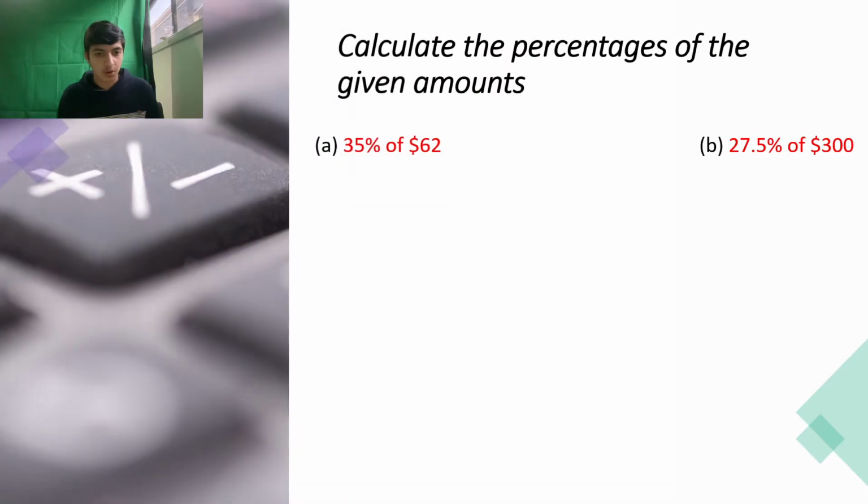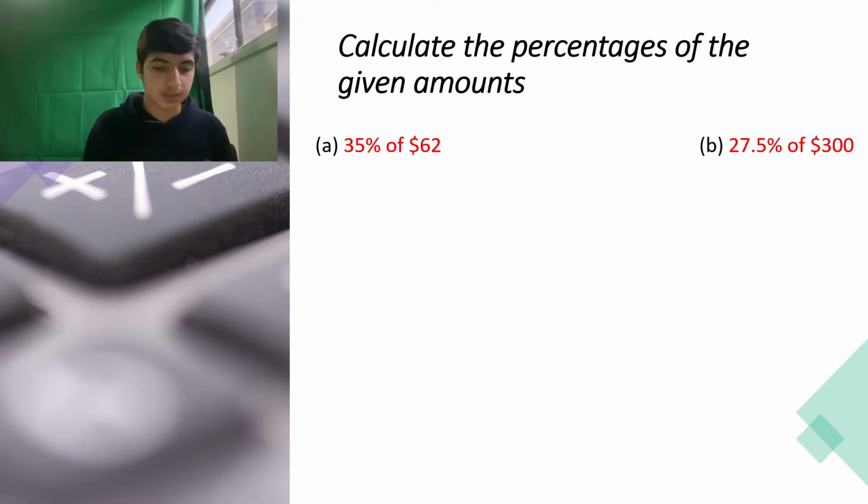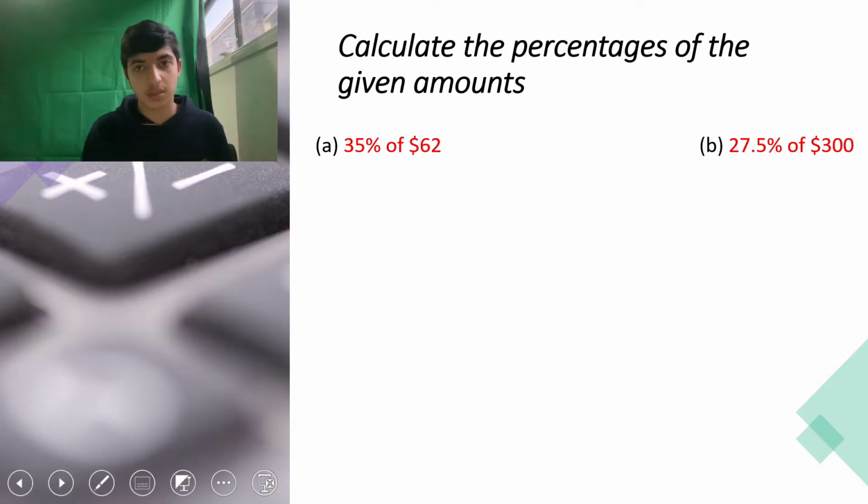I've been doing two worked examples. I put it in. So calculate the percentages of the given amount. First let us do A, 35% of $62. Now there are two ways of working out for each section. One is kind of my way, and the other one is the main way.